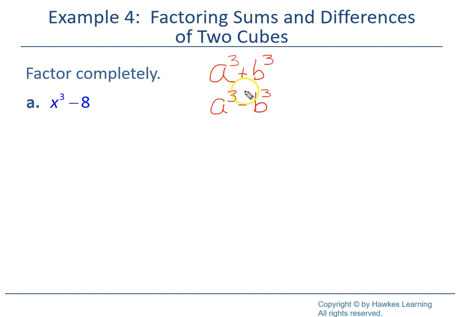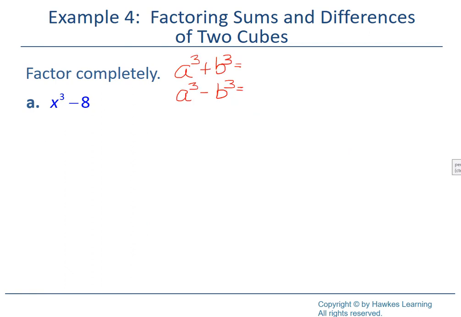Now, there is a recipe for this. And I had to move them over a little bit. I wanted to have a little more room. So what is the recipe? So first, take out any greatest common factor you might have. And these are the basics, so they don't have any other factors here.